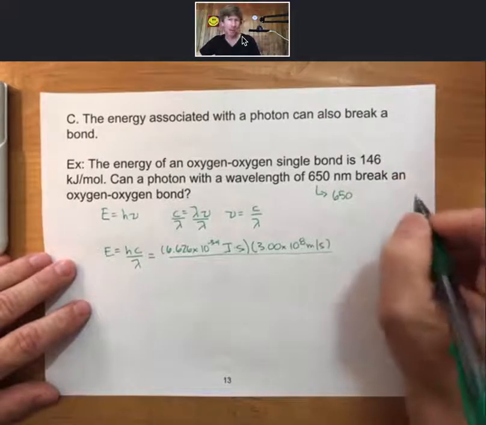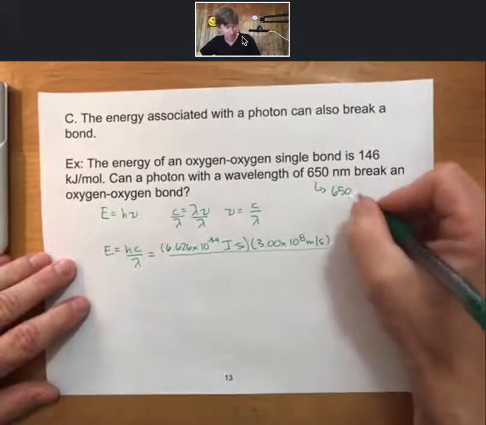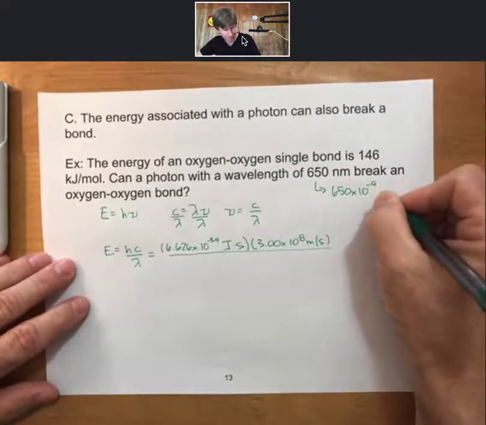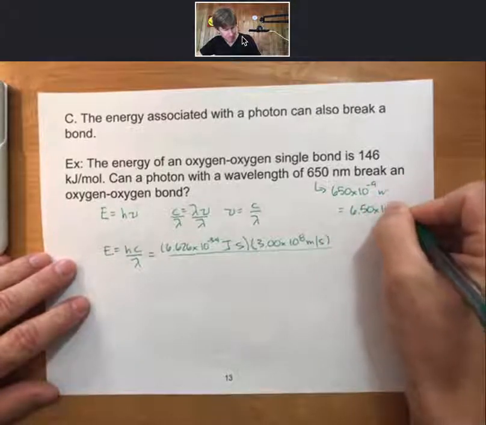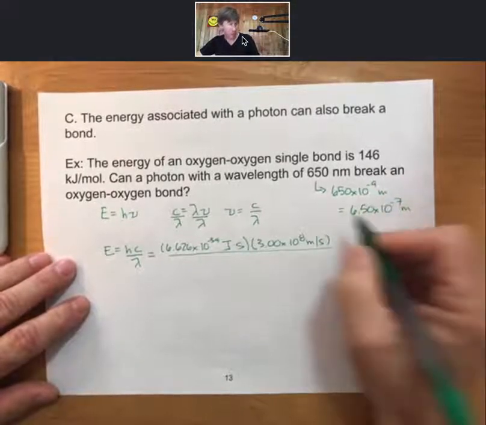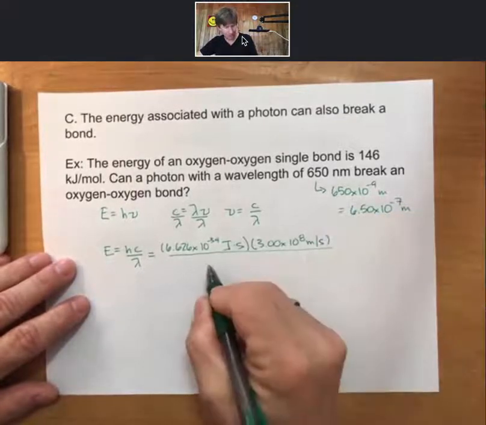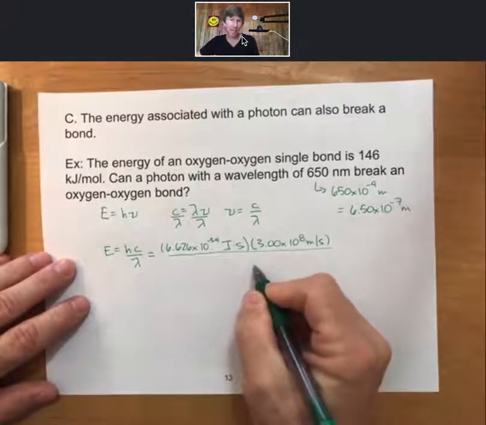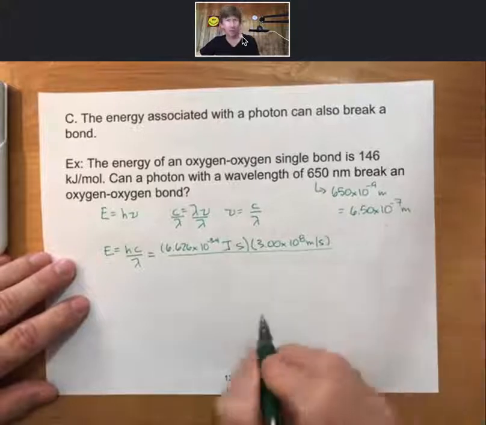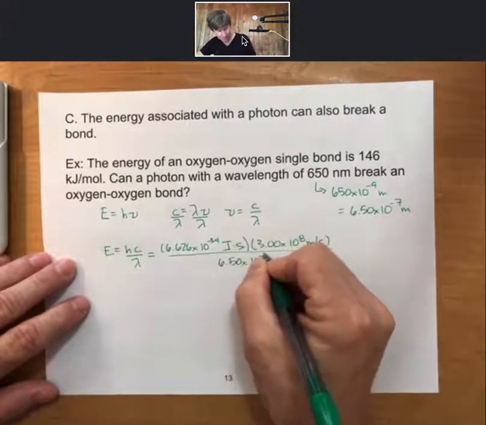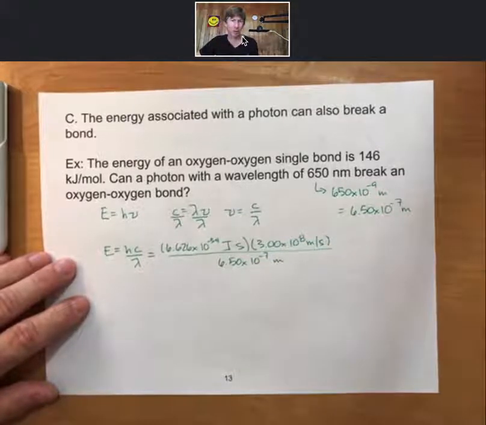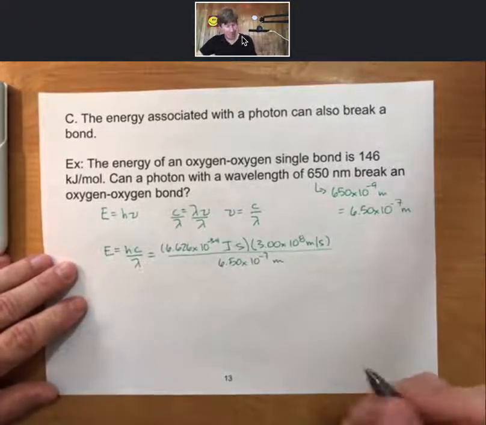A nanometer is 10 to the minus 9th meters. Whether you put it into the bottom here as 650 times 10 to the minus 9 meters or 6.50 times 10 to the minus 7, those two things are equal to each other. And you can solve for the energy.